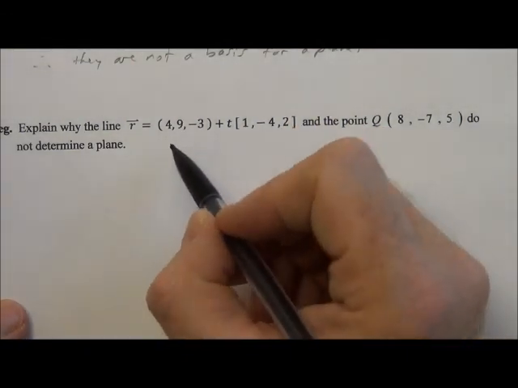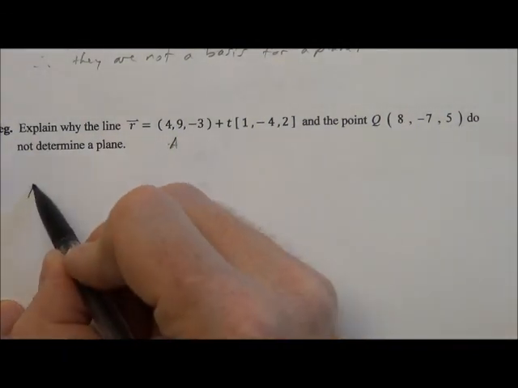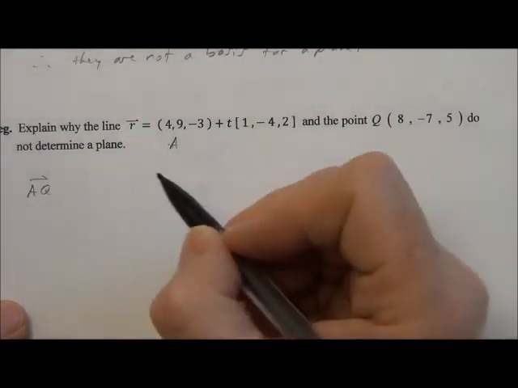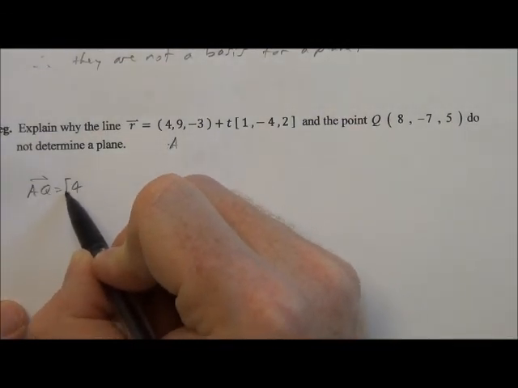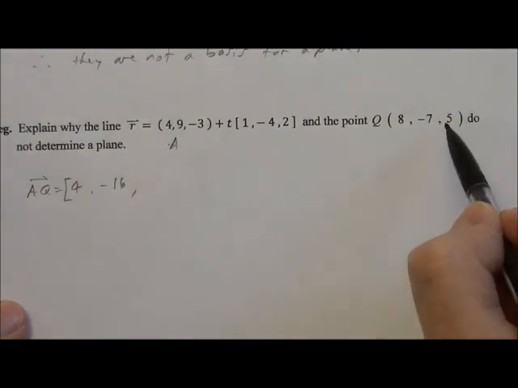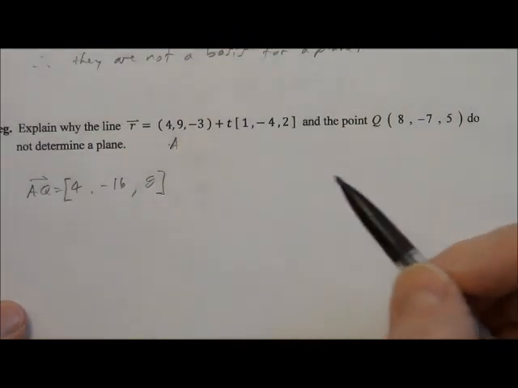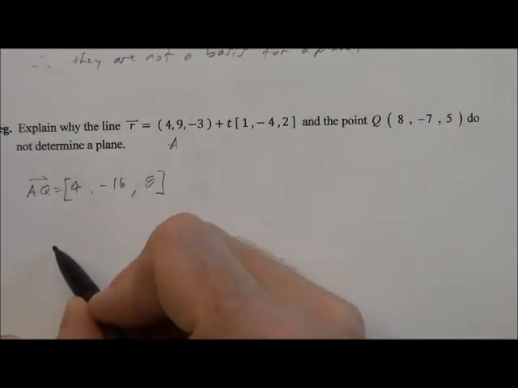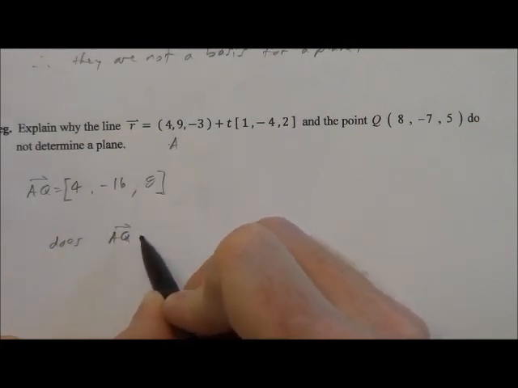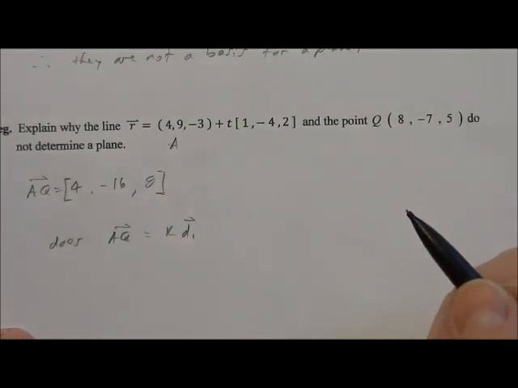Okay, so here's point A and point Q. So vector AQ would be 8 minus 4, which is 4, negative 7 minus 9 is negative 16, and 5 minus negative 3 is positive 8. Now let's see if AQ equals some scalar multiple of the direction vector.